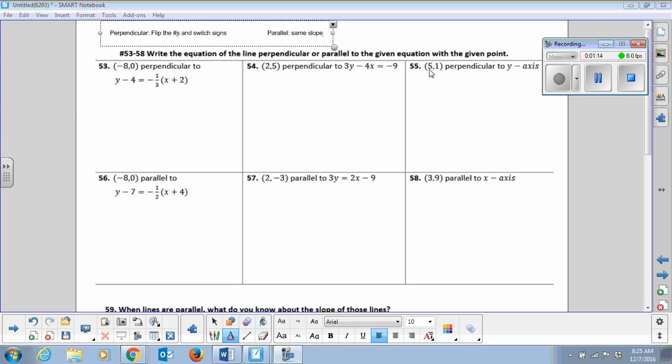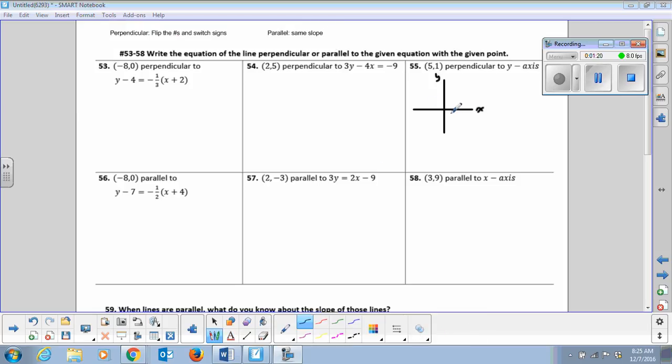And 55, this is the one I'm going to do for you. So we want to find the line that's perpendicular to the y-axis. So if you think about your graph, your vertical line is the y-axis and your horizontal line is the x-axis. So when they give you this point, you want to say, okay, 5, 1, that could be a point like this.